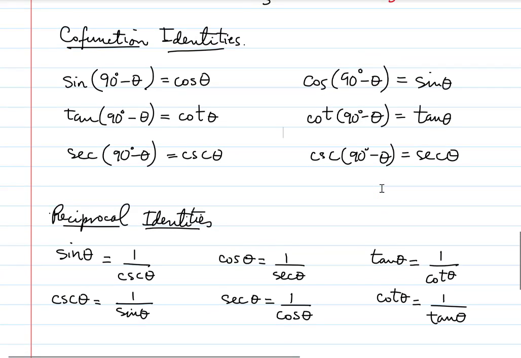Now, one thing I want you to make sure of is not to confuse these two, cofunctions and reciprocal identities, because that's a typical mistake here. Sometimes we mistakenly think, oh, okay, sine is the reciprocal of cosine. No, sine is the reciprocal of cosecant.